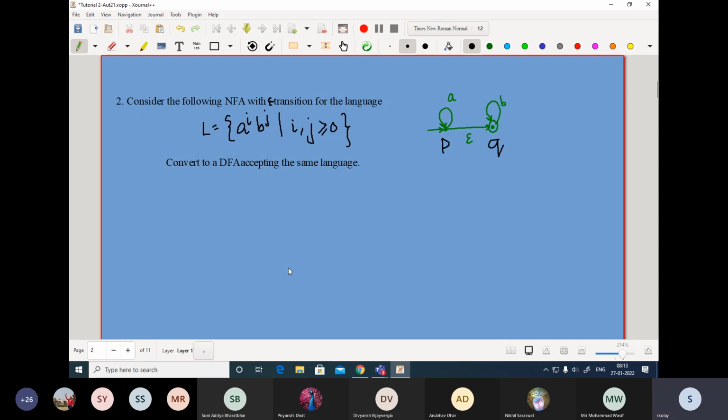So in order to construct the DFA, what are the components that you need? Over here you have the set Q, which contains two states P and Q, and you have this transition diagram. You have this set of transitions where you have one epsilon transition.